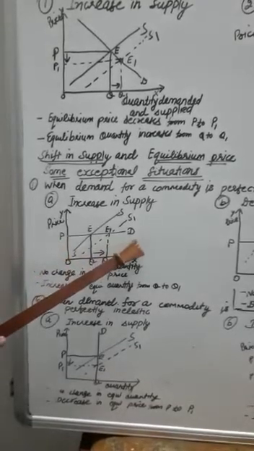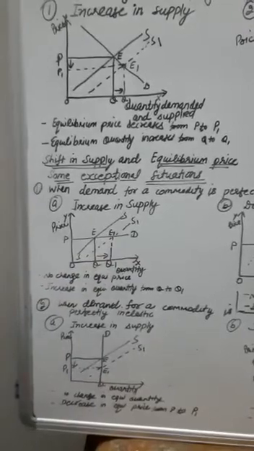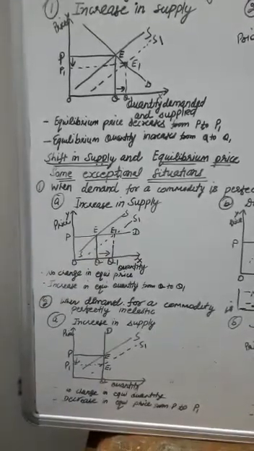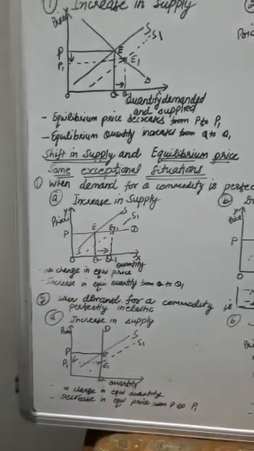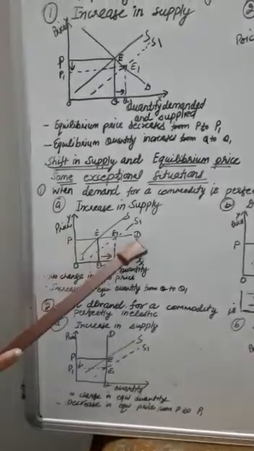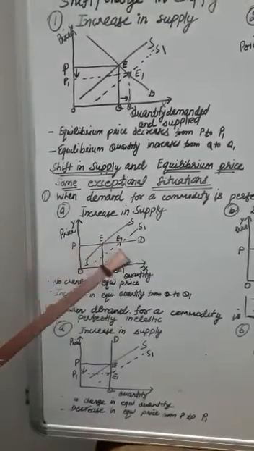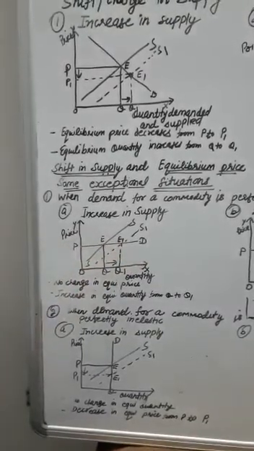Demand curve is D. It is perfectly elastic demand curve. It means quantity demanded or supplied is unlimited. That is, at a given price, unlimited quantity demanded is there.